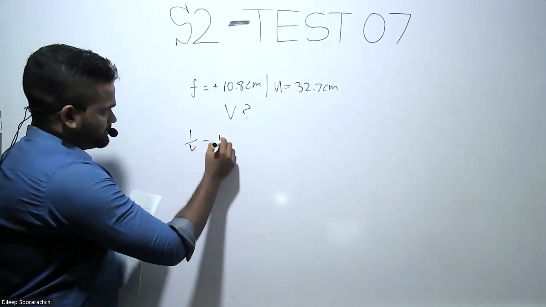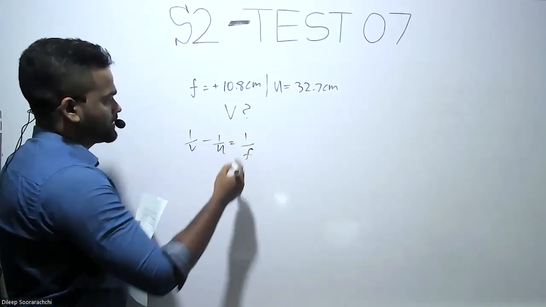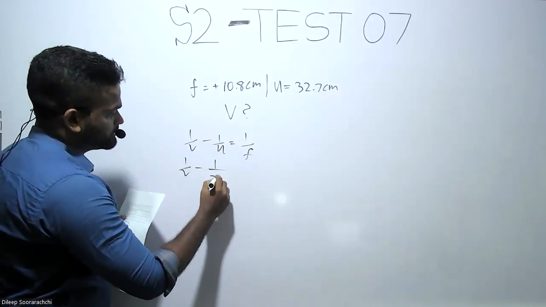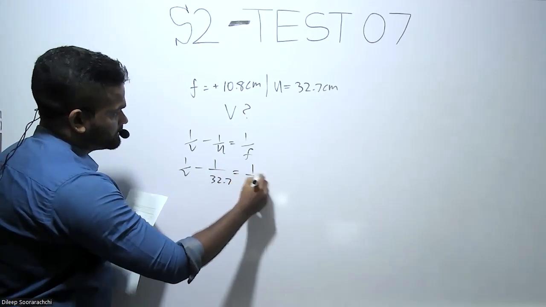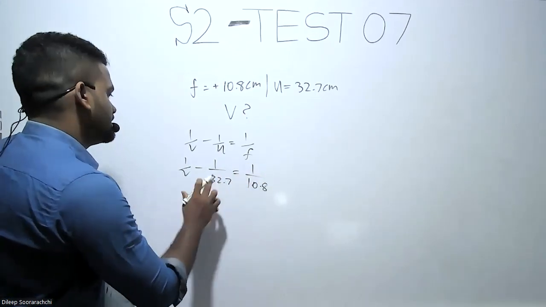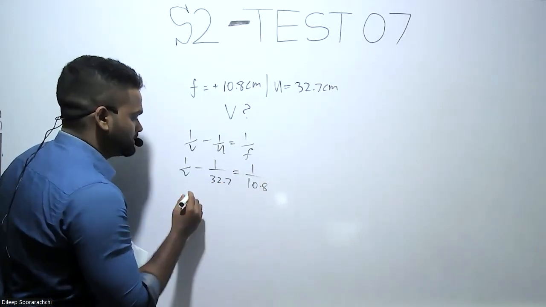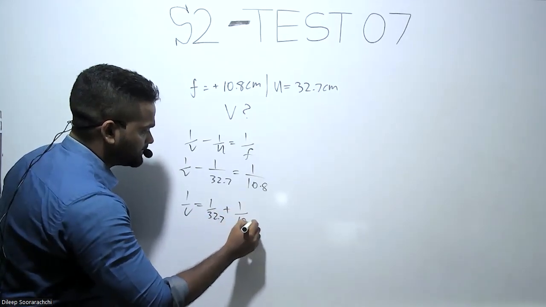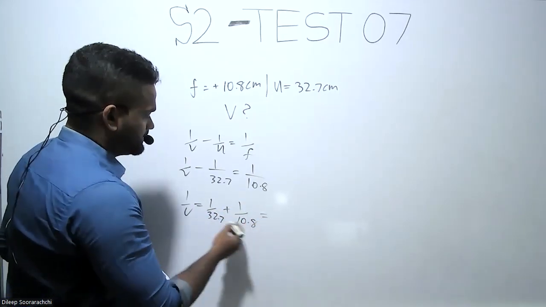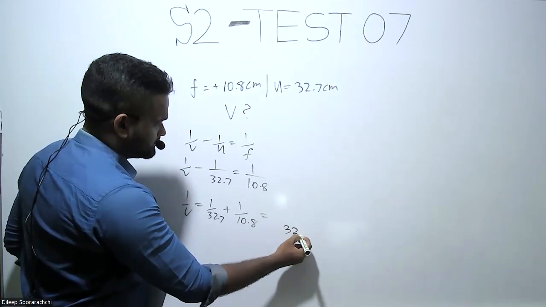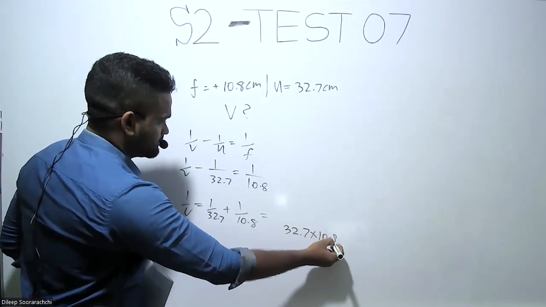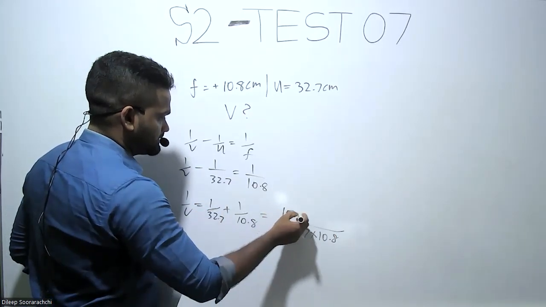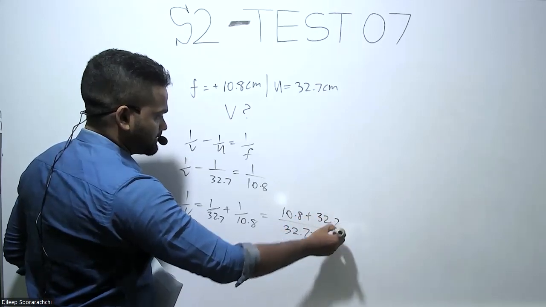So just use the lens equation. Substitute in 32.7, and this is positive 10.8. Now for simplification, just take it to the other side. 1 over v equals 1 over 32.7 plus 1 over 10.8. Take the common denominator, it is easier. Then multiply the numerator, 10.8 plus 32.7.